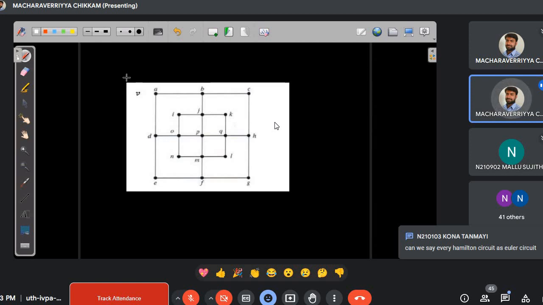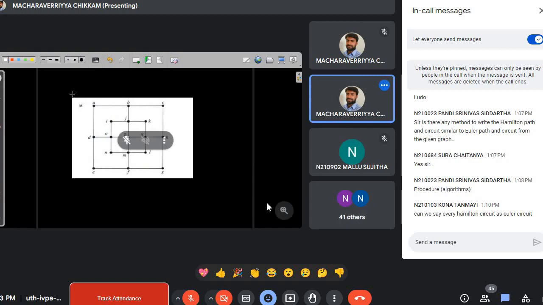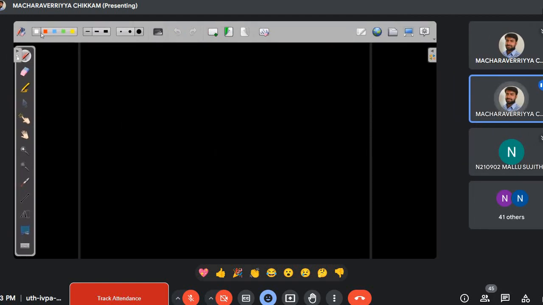Alright. Can we say every Hamilton circuit is an Euler circuit? No. How can every Hamilton circuit be an Euler circuit? No, no. Now we can see an example. Let me show you an example which has a Hamilton circuit. Whatever I have drawn, that itself is a Hamilton circuit, right?